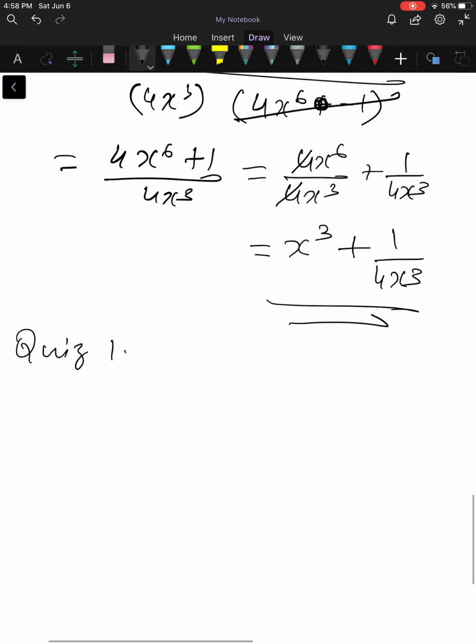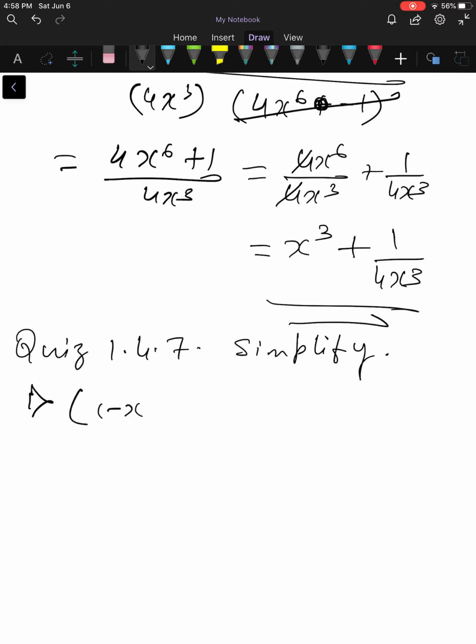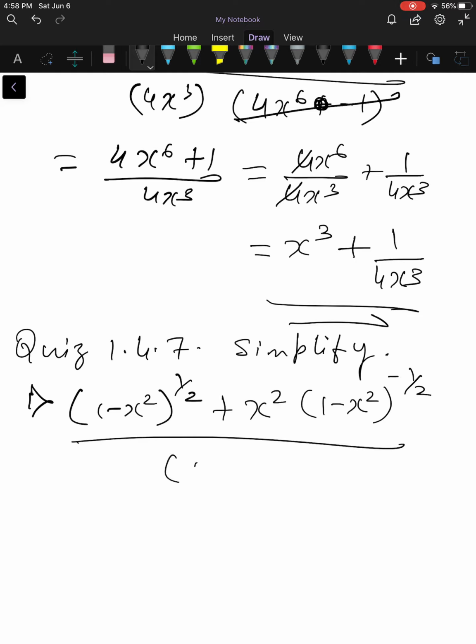Now I will give you a quiz. 1.4.7, simplify. First one, 1 minus x square whole to the power of 1 by 2. Don't get confused because you have a fractional power. That is nothing but square root. Plus x square of 1 minus x square whole to the power of negative 1 by 2.